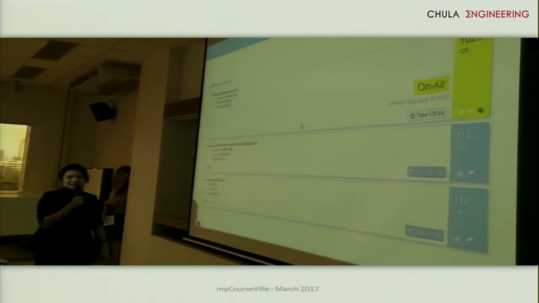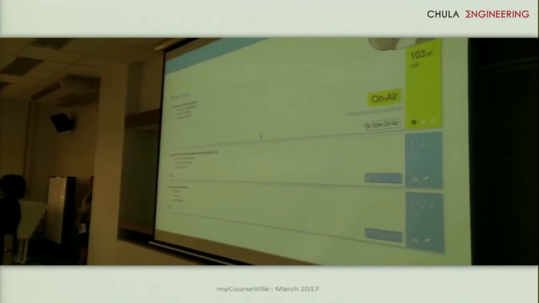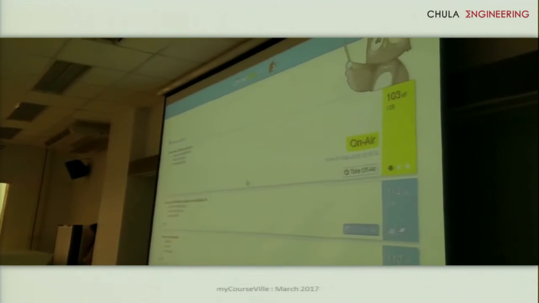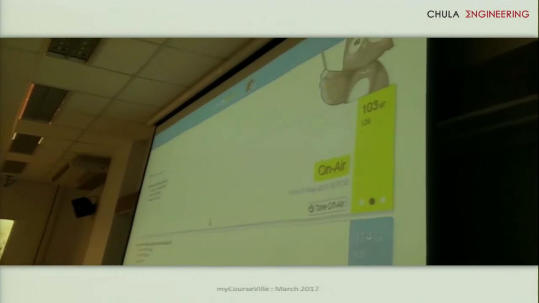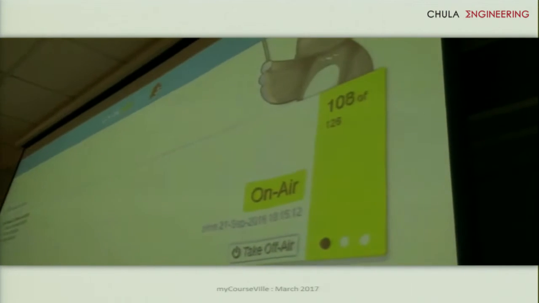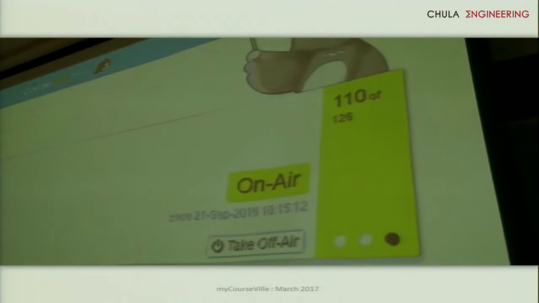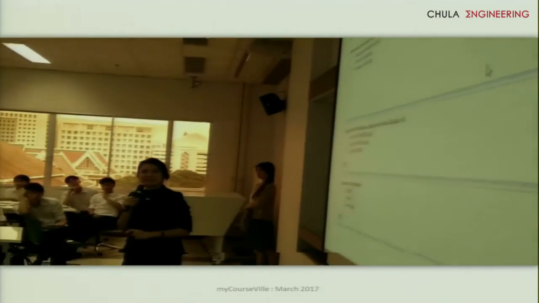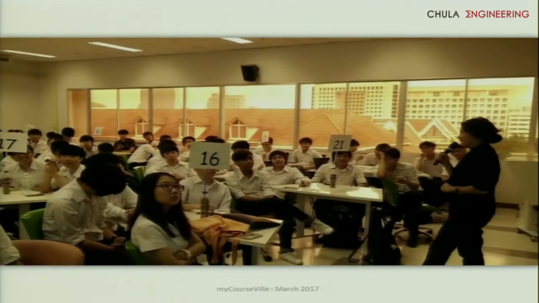The instructor can show the number of responses, and when it says on air, it means that this question is broadcast to student devices. So when the teacher thinks she has got enough, she will just hit take off air. Then it will be taken away, not broadcast anymore.